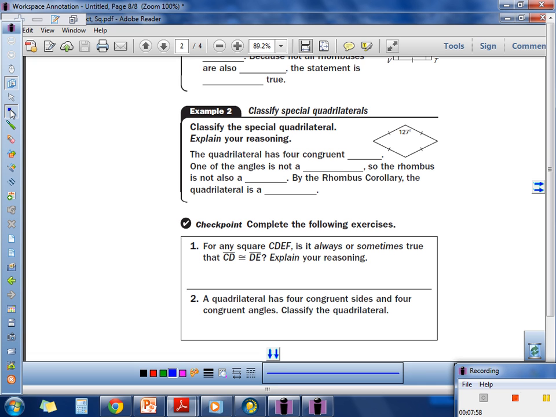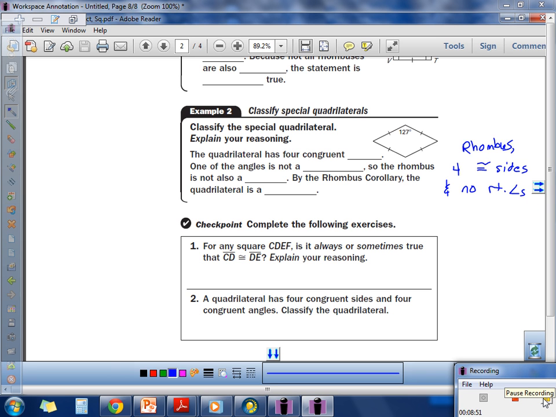Now, it's obviously not a square because it doesn't have 90s. So this is a rhombus. Explain your reasoning. What's our reason? 4 congruent sides and no right angles. It would help differentiate your answer. That'd be great.